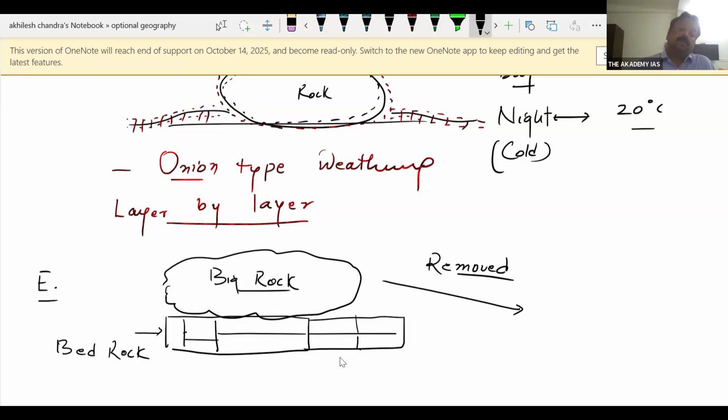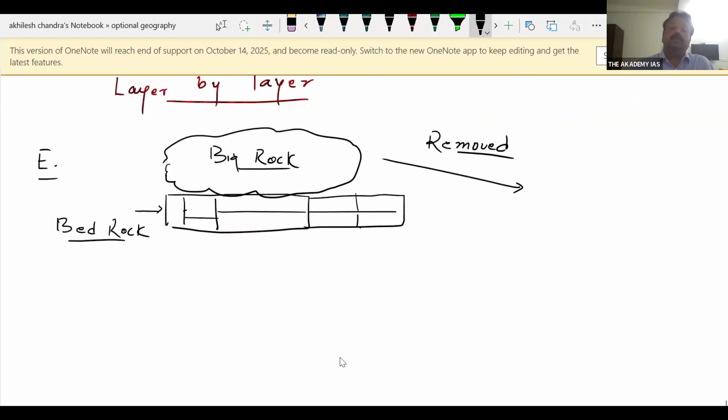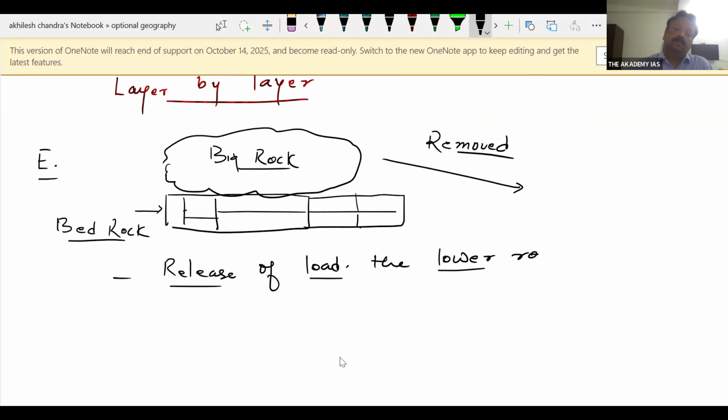So what happened? Due to release of load, the lower rocks get expanded.